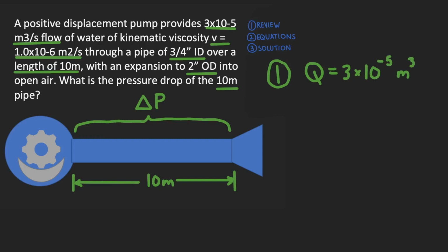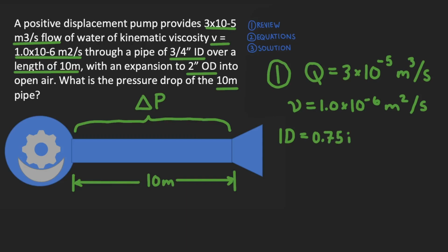Alright, beginning with step 1, the important information in this problem statement is, first of all, that our positive displacement pump provides 3 times 10 to the negative fifth meters cubed per second flow of water. So that's going to be our flow rate. Our kinematic viscosity is equal to 1 times 10 to the negative 6 meters squared per second.